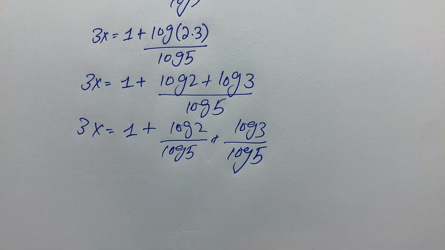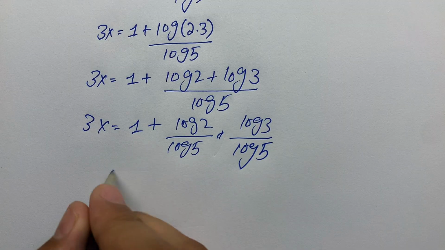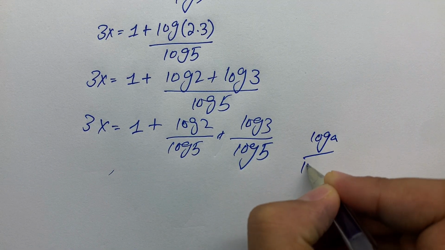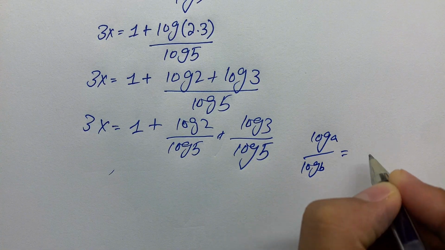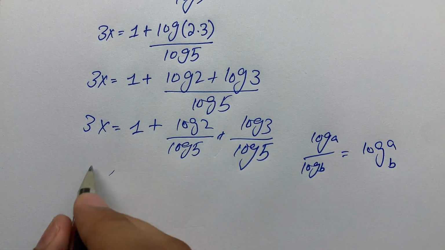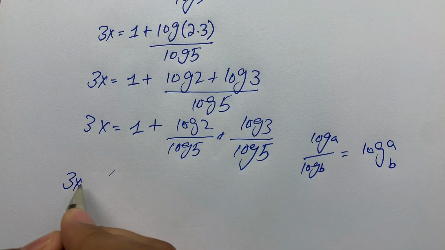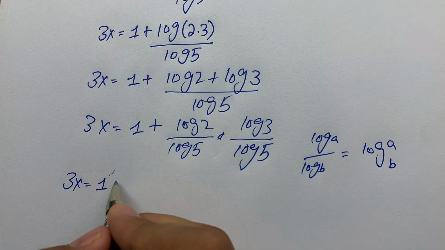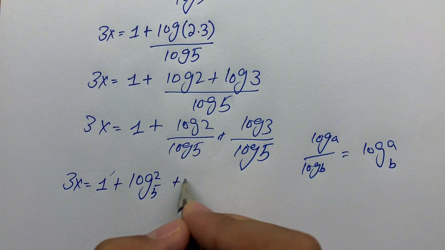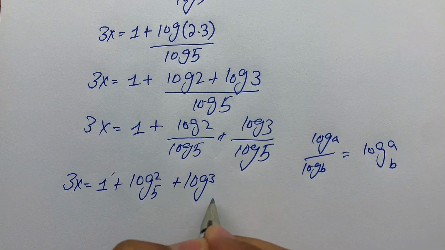Now in the next step, log of a divided by log of b is equal to log of a base b. We are using this. 3x is equal to 1 plus log of 2 base 5 plus log of 3 base 5.